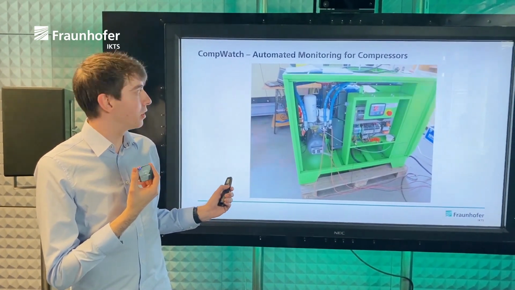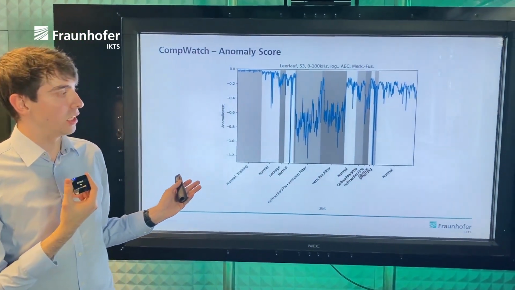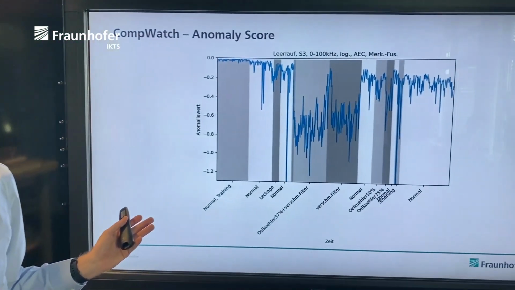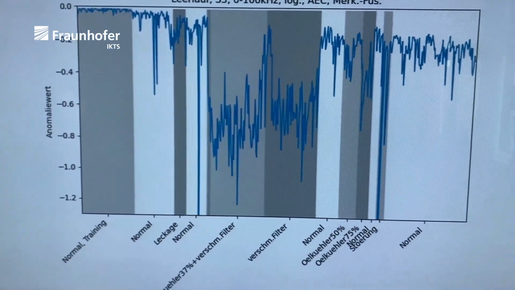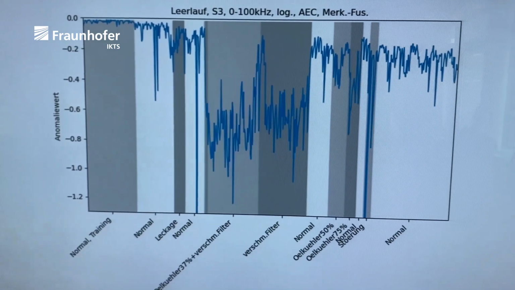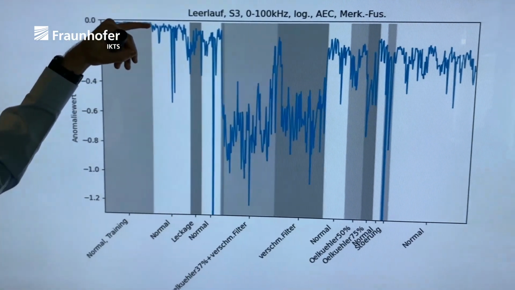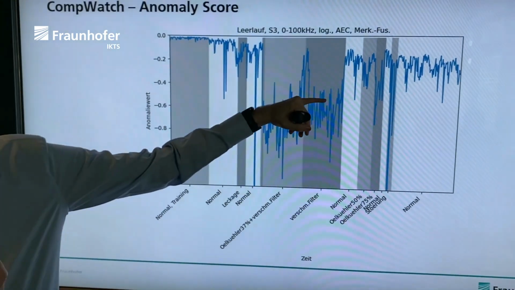With our developed methods, we can extract a score that allows us to indicate how well one compressor performs right now and how much it differs from normal behavior. The higher the score, the better the condition, and the lower it gets, the worse the condition.